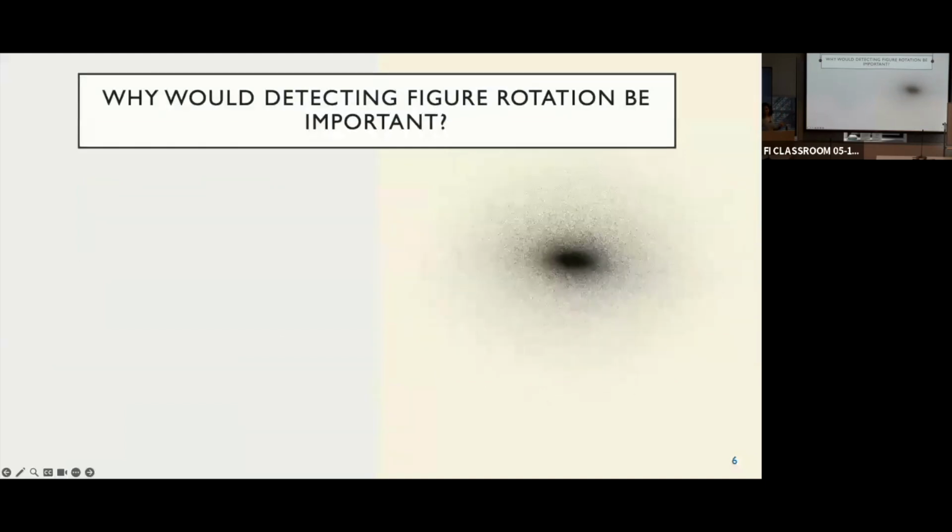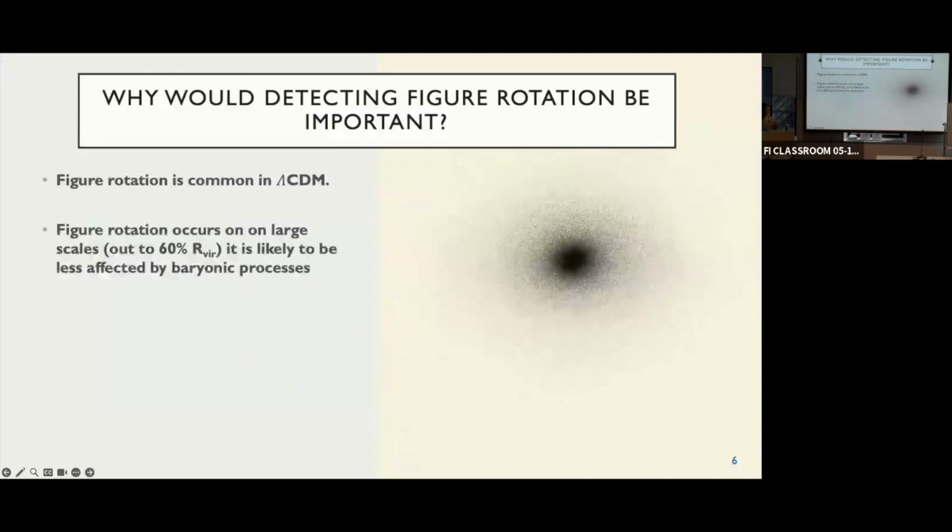So why should we bother with detecting this figure rotation? It turns out that it is common in Lambda CDM. This is one TNG50 halo with a lot of the subhalos removed so that you can see it. It occurs on a large scale. You can see coherent rotation out to 60% of the virial radius.